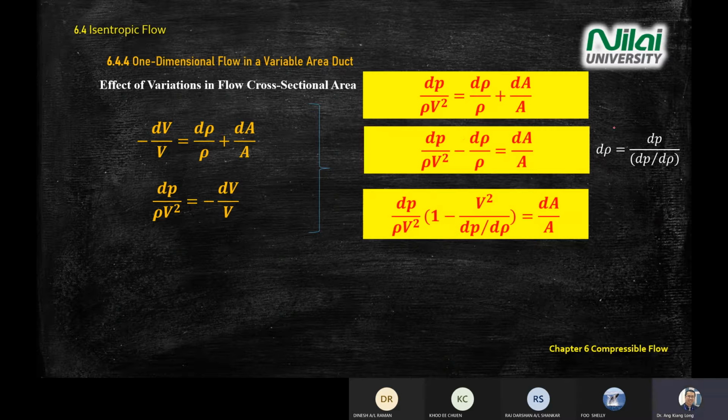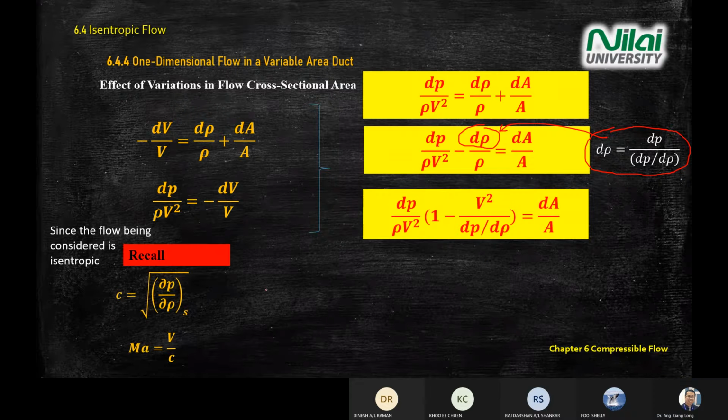Okay, you substitute this mathematics term here, substitute inside, rearrange, you get the third equation. Recall the definition of Mach number, and there's one more definition for speed of sound, where you can take it as a partial differential of pressure divided by density.